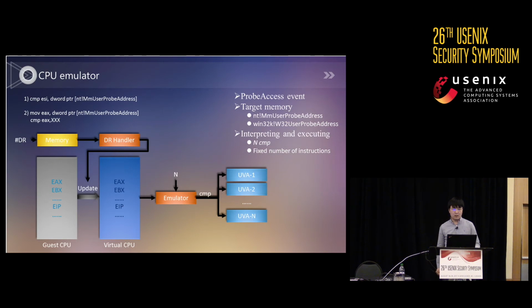Thus, the CPU emulator is activated to interrupt and execute the code of the guest OS. The CPU emulator forks the CMP instruction and will discuss the user mode address, thus we can know which user mode address has already been checked.